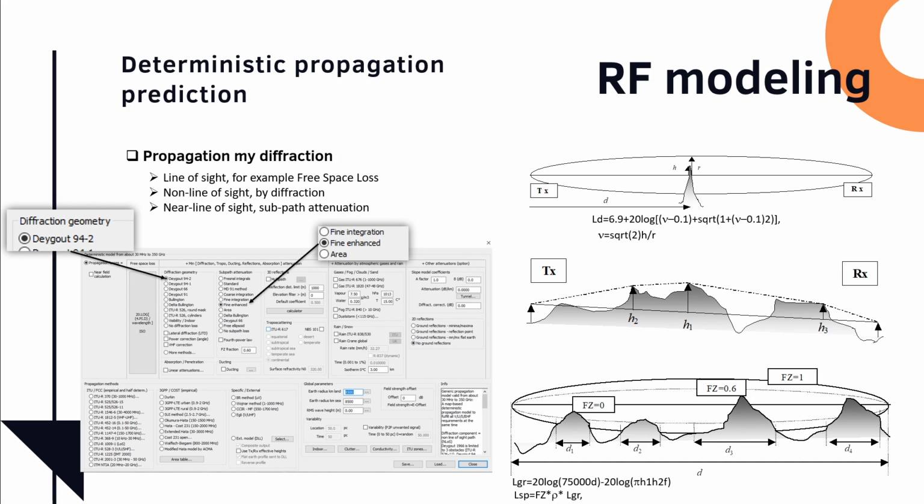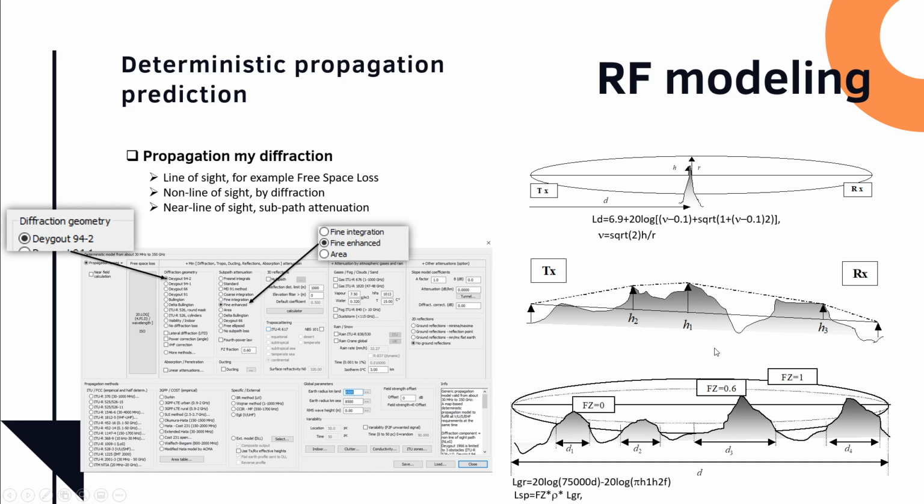Also, there are cases where you have a combination of line of sight, non-line of sight, and near line of sight. Near line of sight is when you have partial obstruction, such as the case in the bottom here. You've got partial obstruction of the Fresnel zone, and the tool can calculate the losses due to subpath attenuation.